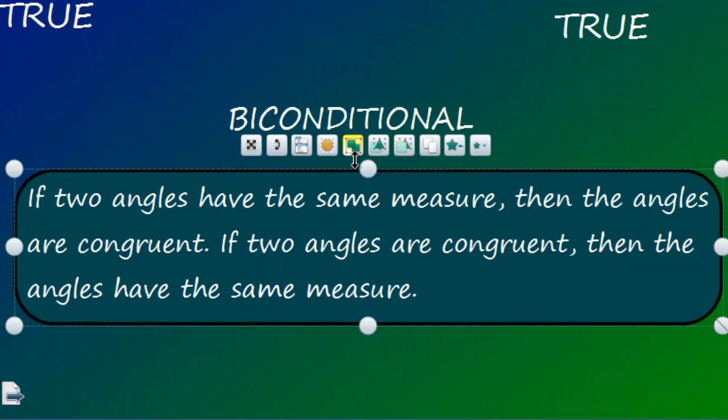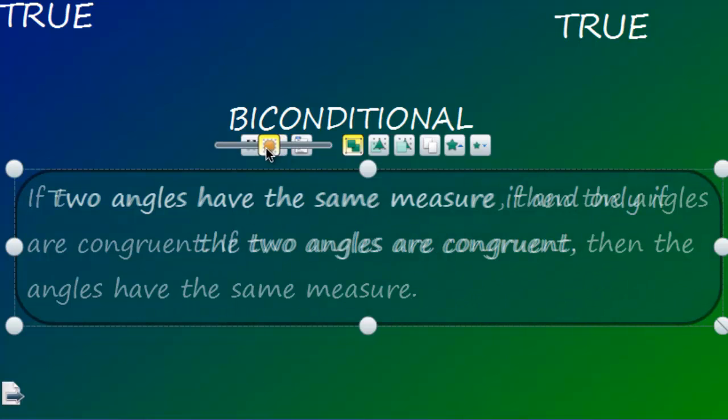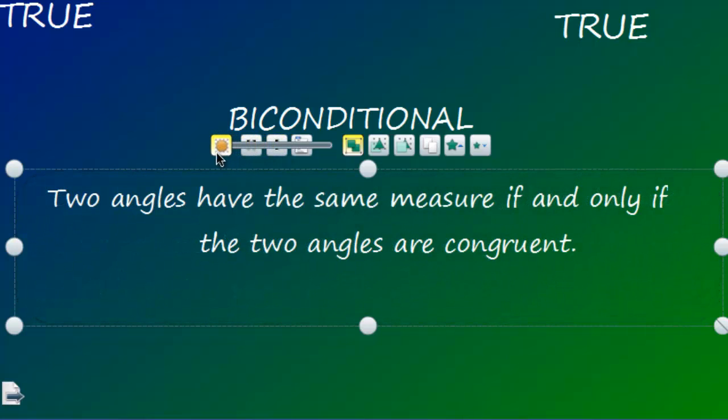So we're going to take out, if I just kind of fade this out, you'll notice how it changes. We take the original conditional and we notice that it has the hypothesis, two angles have the same measure, and then here's where the phrase if and only if goes, and then we have the conclusion, the two angles are congruent.